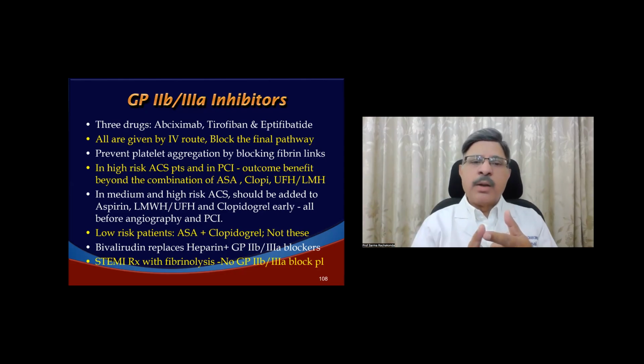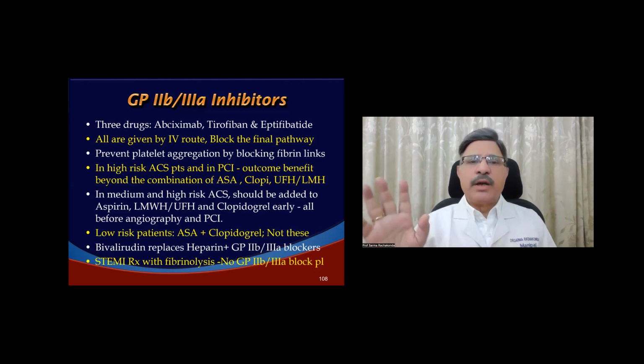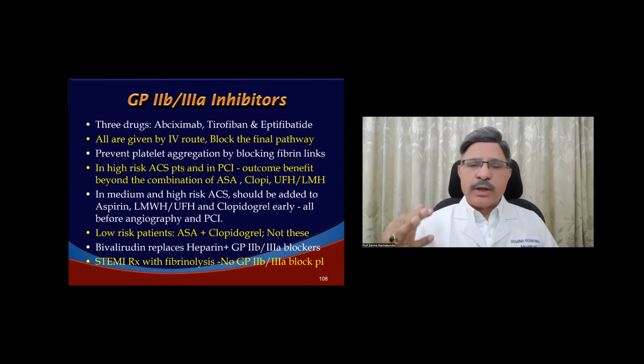On top of that, people whose TIMI risk score is high, people who are diabetics, people who are going to be taken to the cath lab for PCI, they must receive one of the 3 drugs, GP2B3A receptor blocker. Medium and high risk ACS should be added to aspirin, low molecular weight heparin, and clopidogrel early, all before the angiography and the PCI. Low risk patients, you don't have to give 2B3A blockers. Aspirin, clopidogrel itself is sufficient.